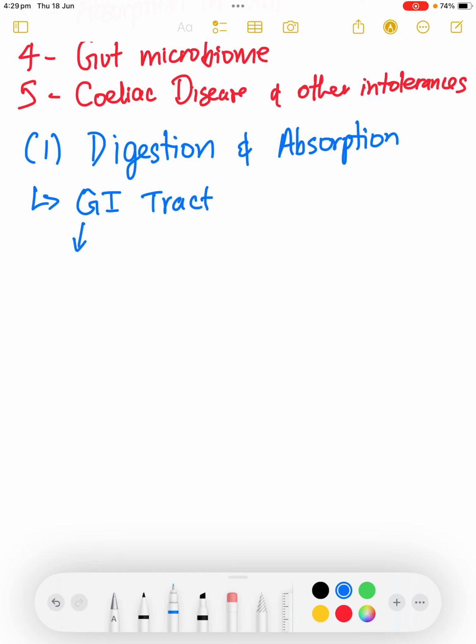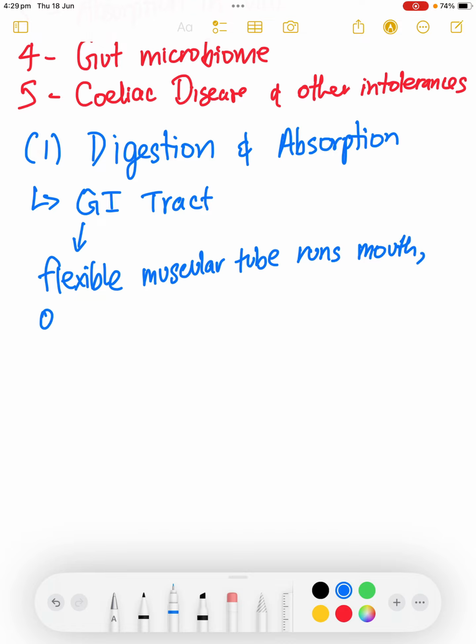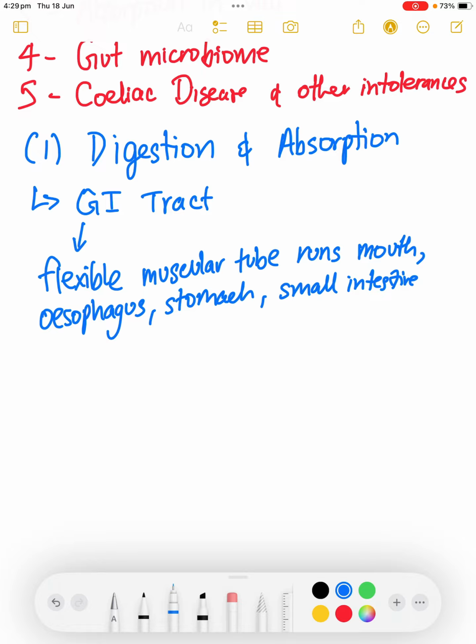Well, the GI tract, gastrointestinal tract, is a flexible muscular tube that runs down the mouth, the esophagus, the stomach, the small intestines, large intestines as well, rectum, and anus too. Okay.